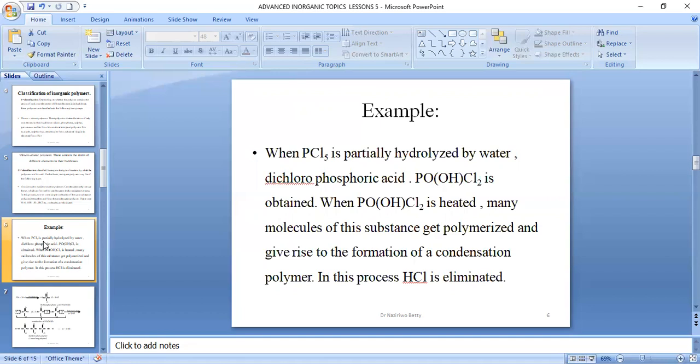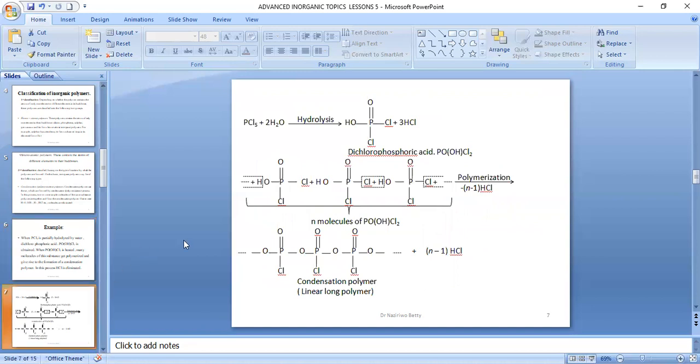And in this process, hydrogen chloride is eliminated. An illustrative equation is shown below. Phosphorus pentachloride plus a little water, you get the acid. Then on heating, small molecules of this get joined together, or polymerized together, to give rise to the condensation polymer. It's a linear polymer.